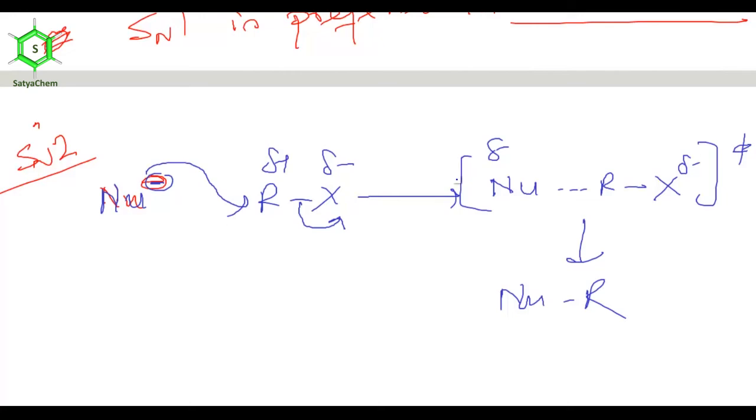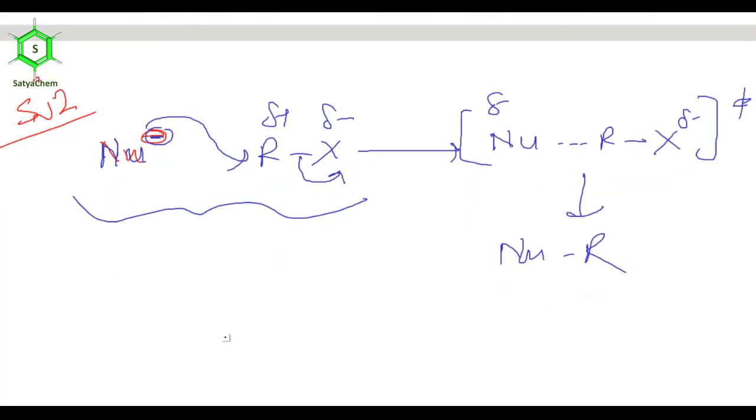Consequently, solvation of the transition state is expected to be somewhat less in comparison to that of the nucleophile itself. So the nucleophile, this reactant complex, is stabilized more than the transition state.